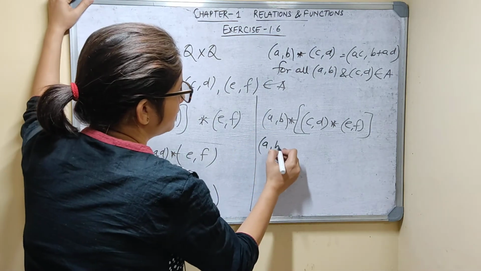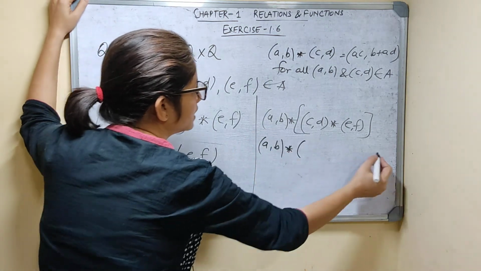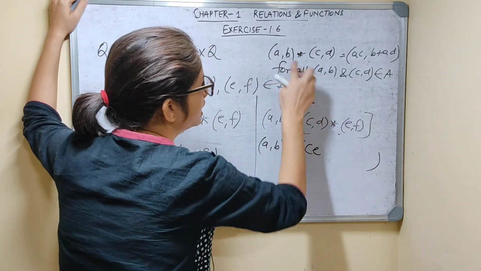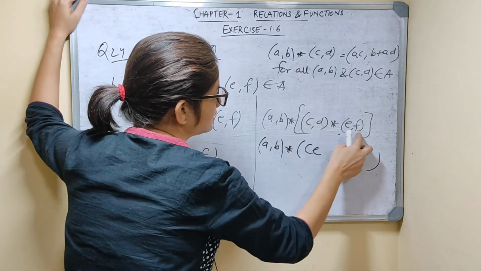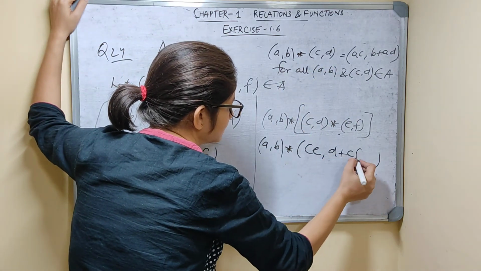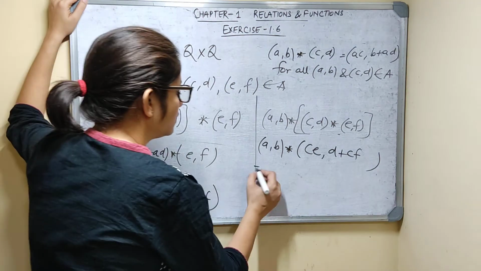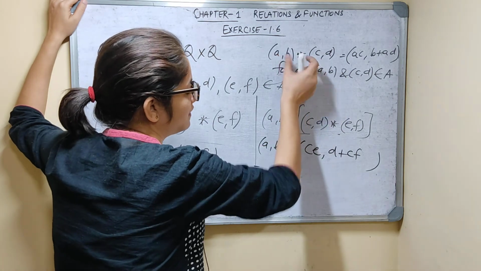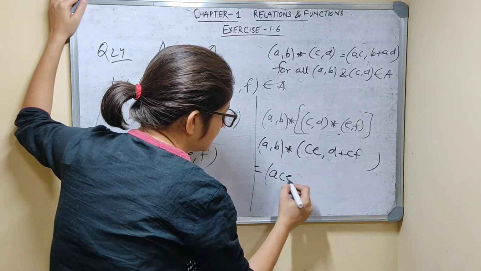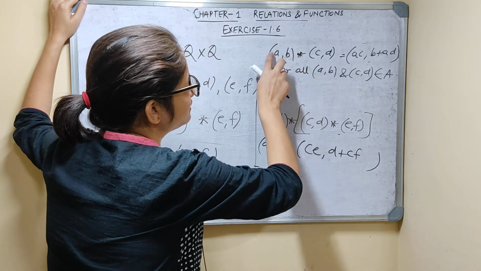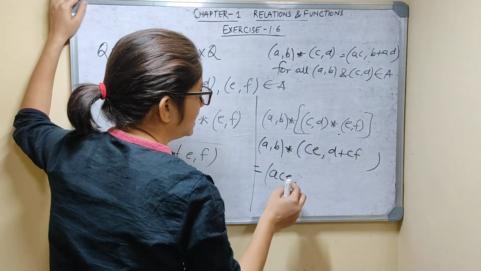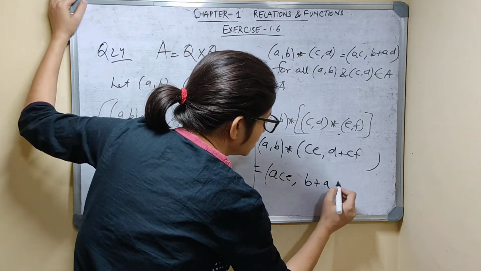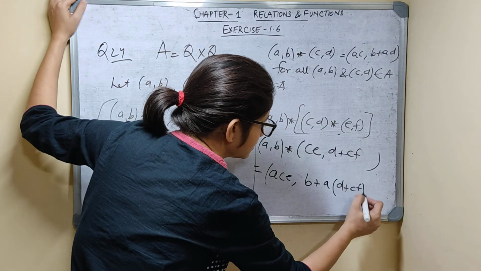Here leave (a, b) as it is. First solve this one: (c, d) star (e, f) gives (ce, d plus cf). So you get (a, b) star (ce, d plus cf), which is (ace, b plus a into d plus cf).